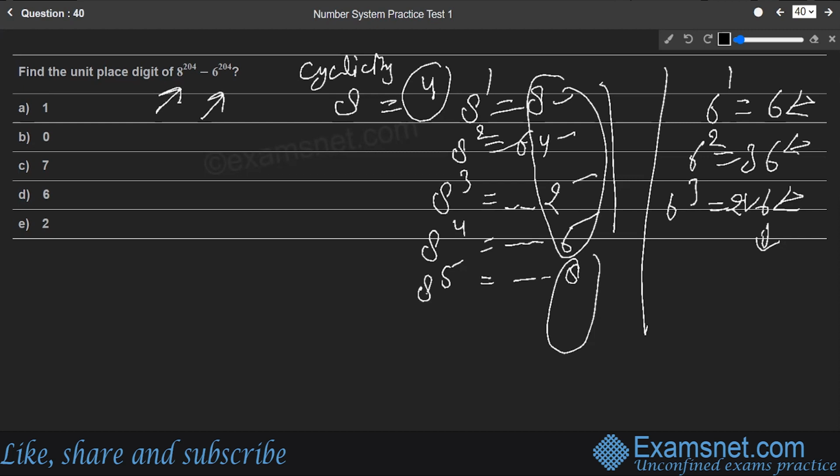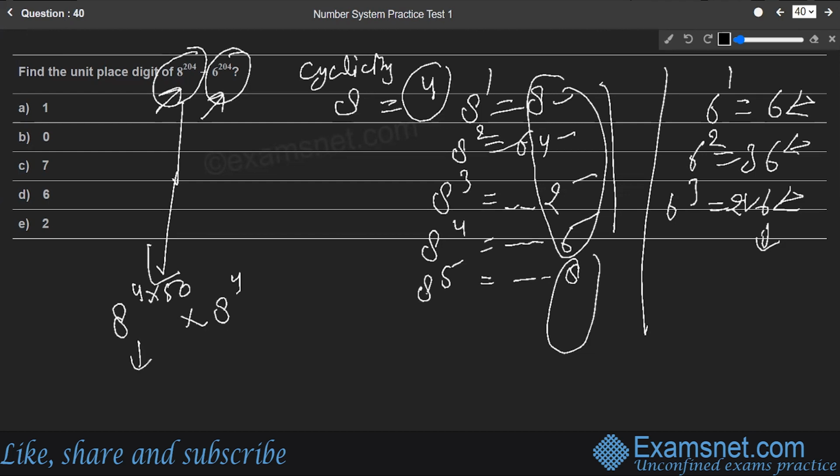So if we use this concept, we don't have to calculate 8 to the power 204 and 6 to the power 204. Rather, we can find the last digit of 8 to the power 204 by dividing 204 by the cyclicity of 8, that is 4. This can be written as 8 to the power 4 into 50.